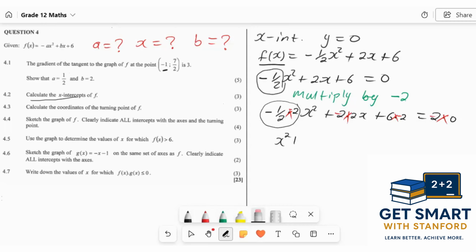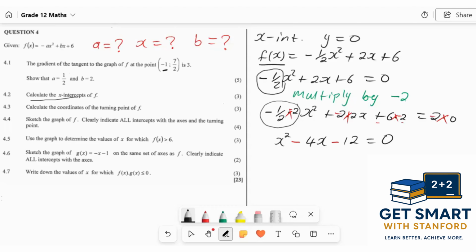We need to make sure of that before we can continue, because we are multiplying by negative 2. If you're multiplying a positive by a negative, you are going to have a negative. Then we'll have minus 4x. And there also, when we multiply this positive by a negative, we're going to have minus 6 times 2 is 12. Then on the other side, 2 times 0 is a 0. So now we are going to factorize.